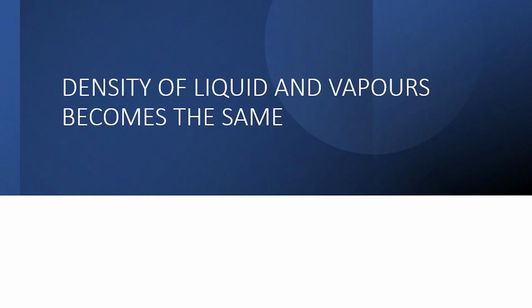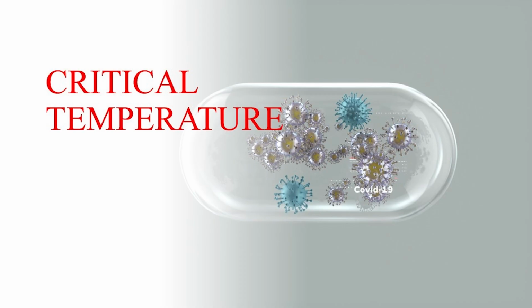It expands because molecules move apart. When the density of the liquid and vapor becomes the same, the clear boundary between the liquid and vapor disappears. This temperature is called the critical temperature. So we are saying that boiling will not take place in a closed vessel.